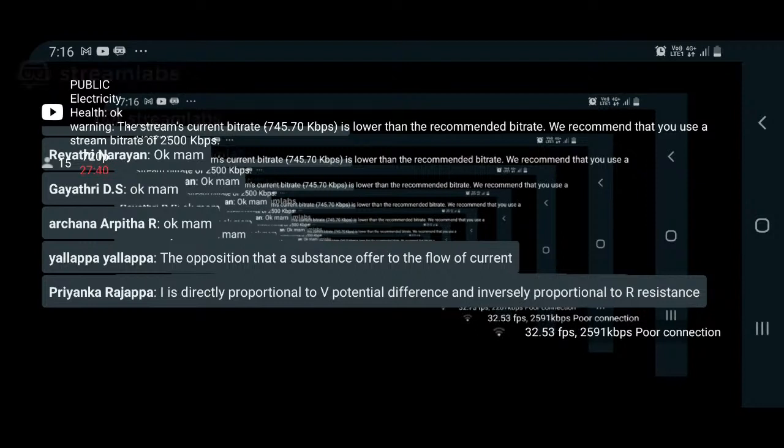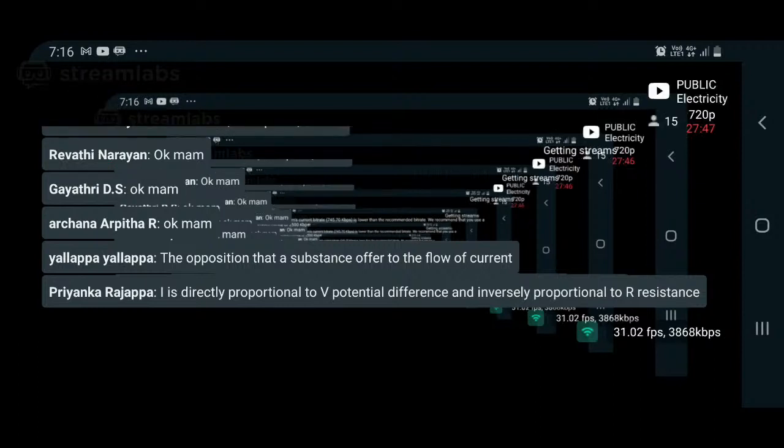Now, just now I told current is directly proportional to the voltage and inversely proportional to the resistance. What does it indicate? If resistance is high, the flow of the current is less. If the resistance is low, the flow of the current is high. Hence, the current is inversely proportional to the resistance.